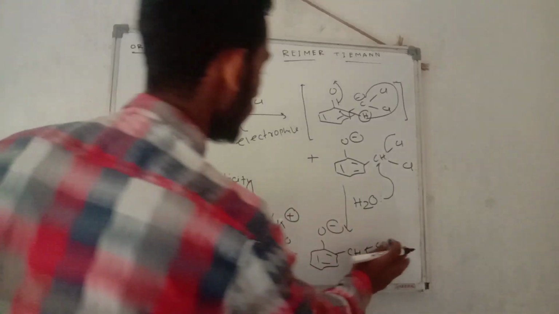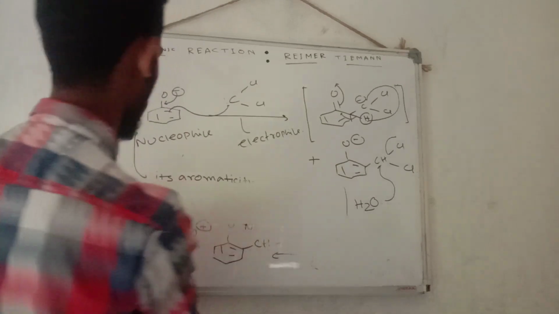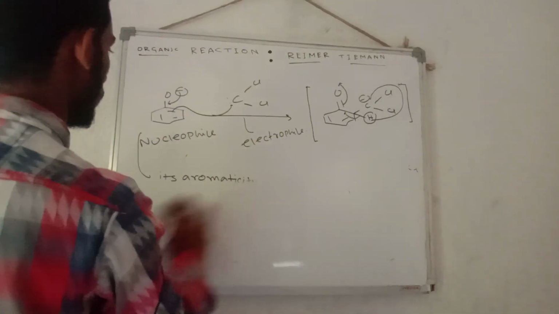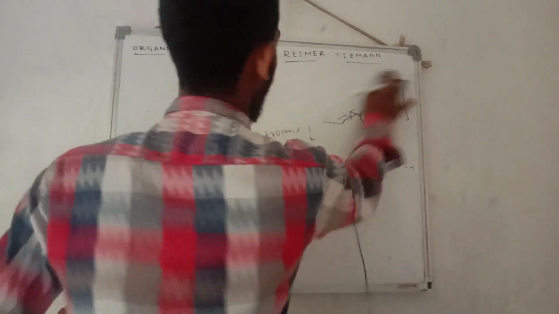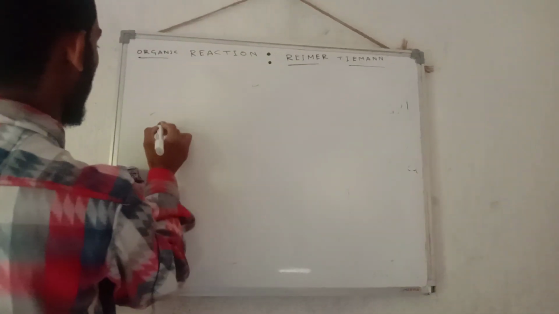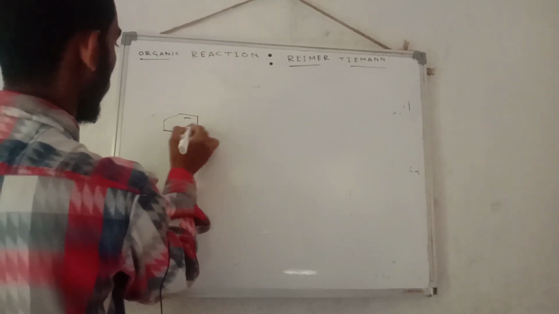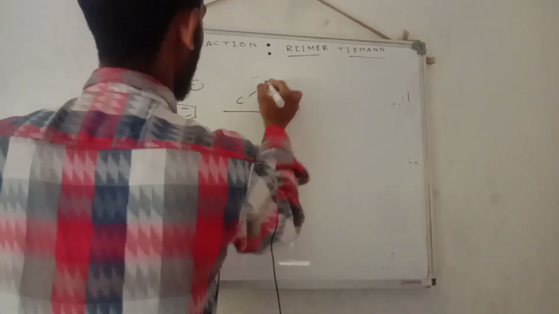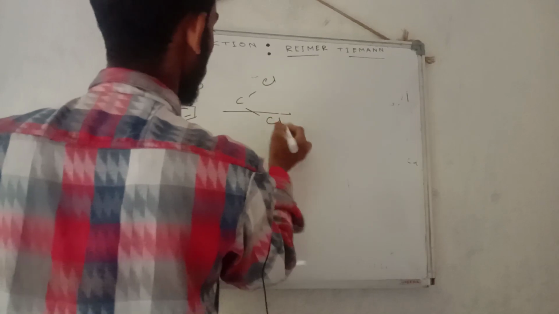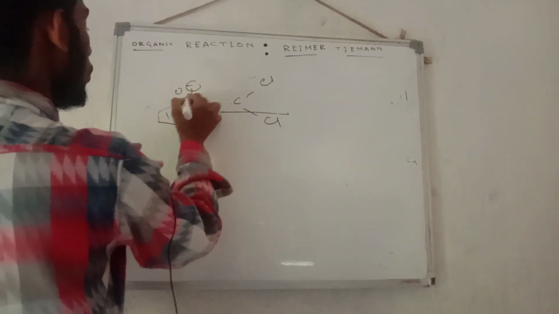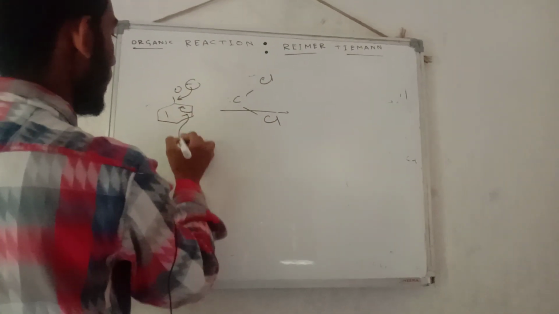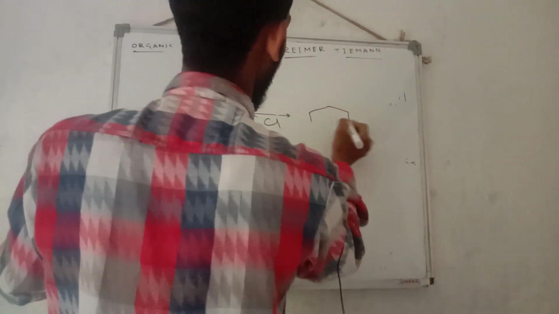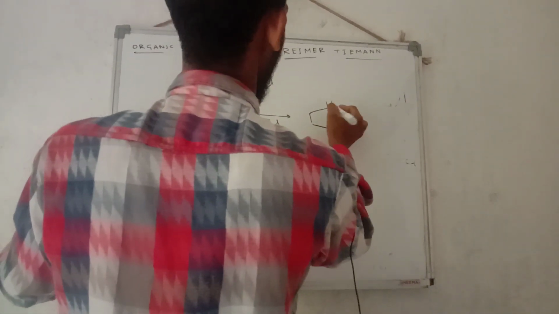Let us see the mechanism of this reaction. Please remember, since any electron donating group is ortho and para directing, we get the two products, ortho and para.